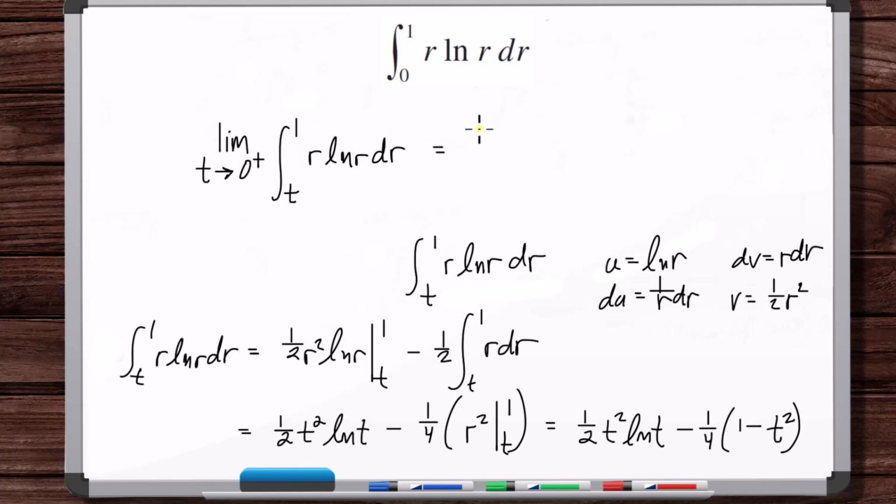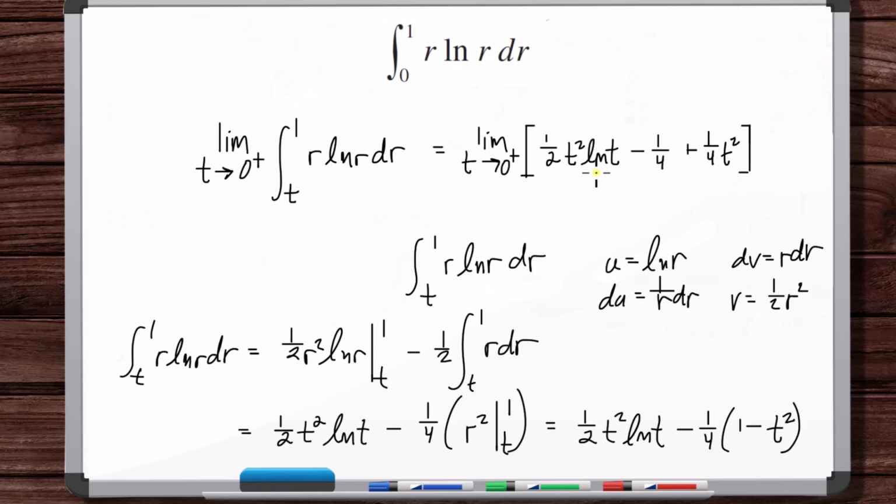So we've got the limit as t approaches 0 from the right of... okay, as t approaches 0 from the right, natural log of t approaches negative infinity, t squared approaches 0.